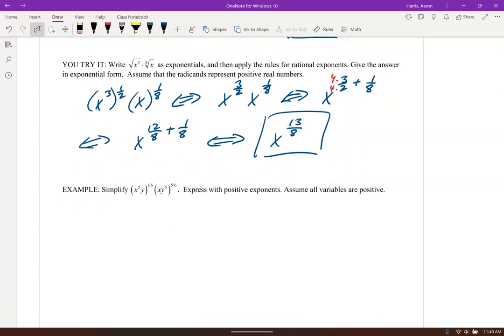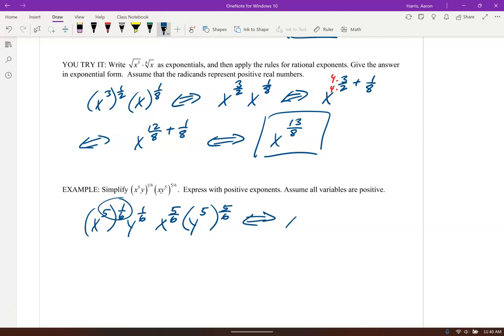And lastly, here we've got x to the 5th to the 1/6, y to the 1/6. The next one we got x to the 5/6, and then y to the 5th to the 5/6. So let's go ahead and clean this up. 5 times 1/6, I got 5/6, and then I got y to the 1/6.